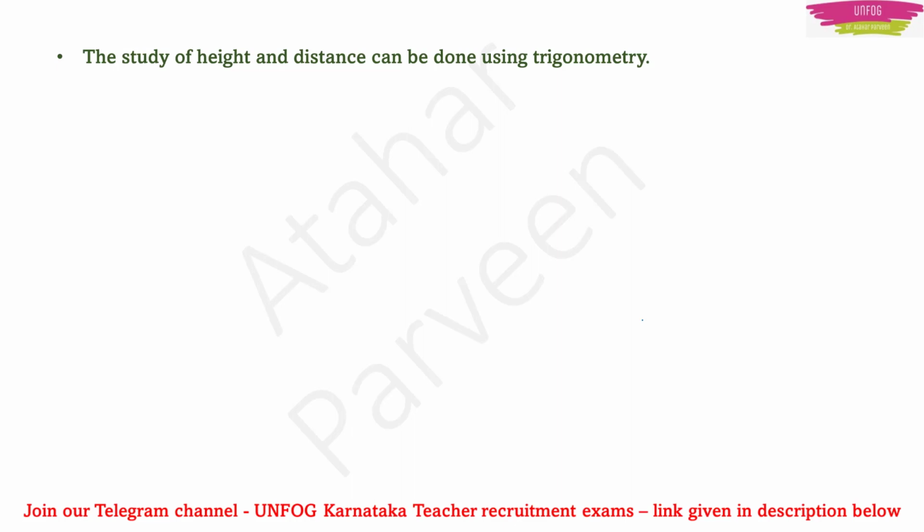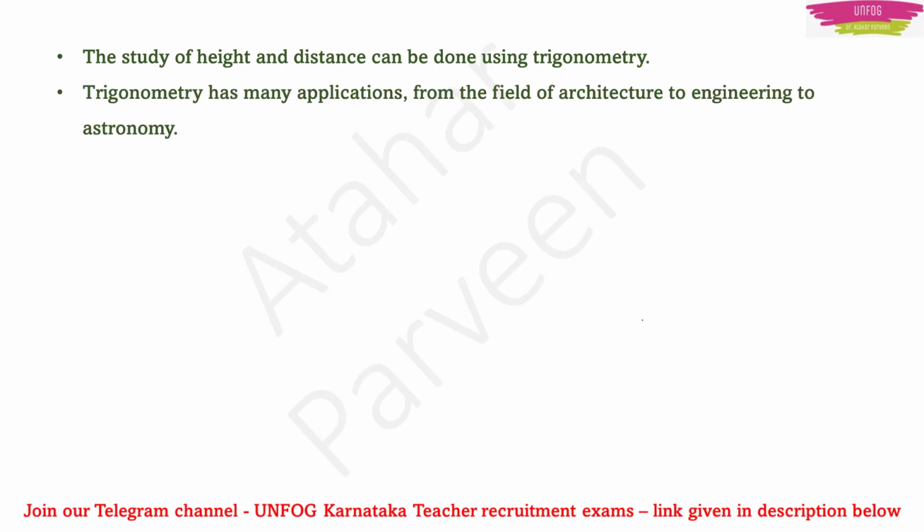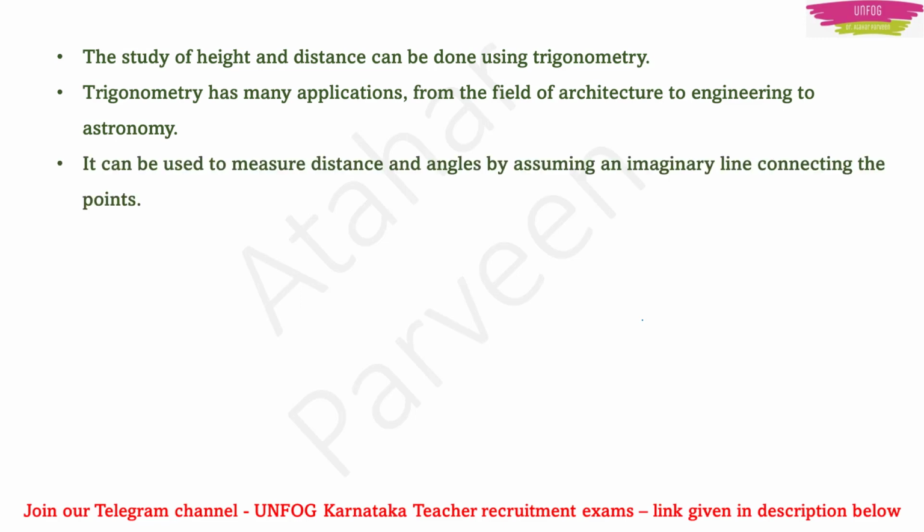Firstly, what we need to know is that the study of heights and distances can be done using trigonometry, and trigonometry has many applications right from the field of architecture to engineering to astronomy. We can use trigonometry to measure distance and angles just by assuming that there is one imaginary line connecting two points.